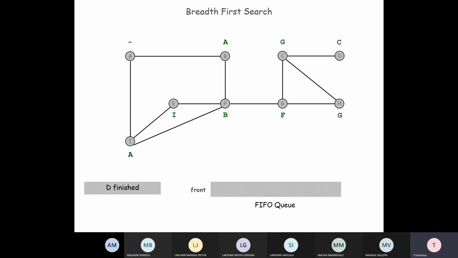There are no front end nodes, because on the right hand side we did not discover any nodes. In this way the breadth first search algorithm works.